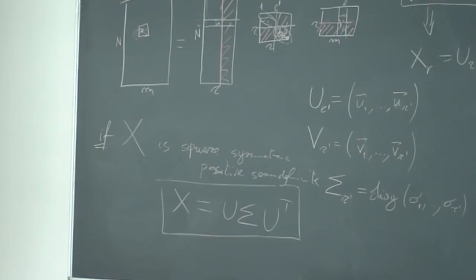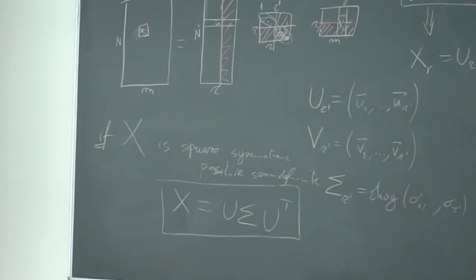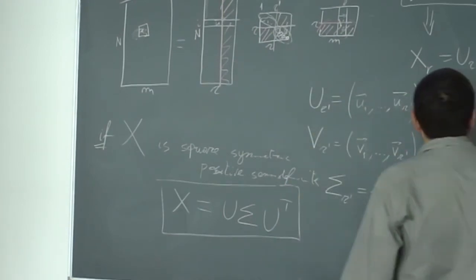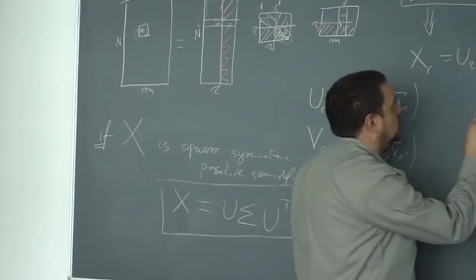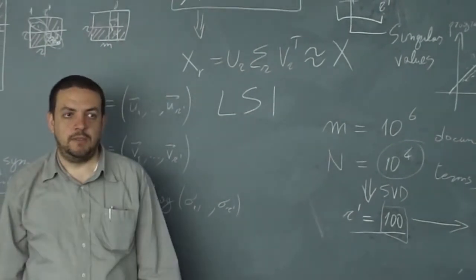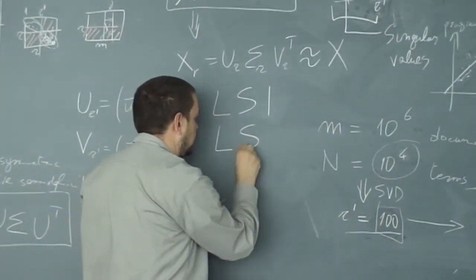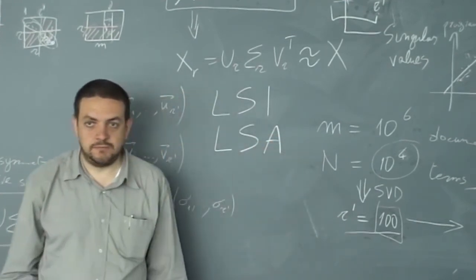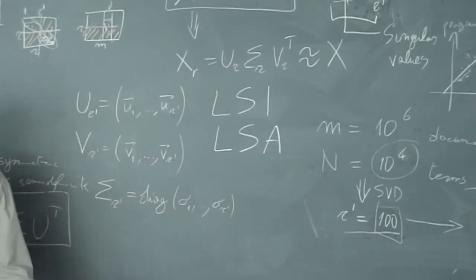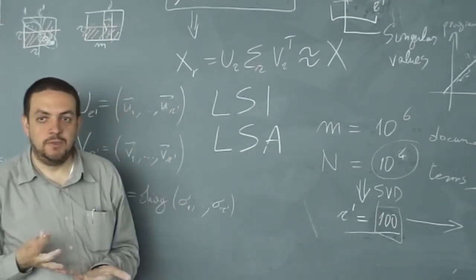This kind of transformation in the context of document-term analysis is often called latent semantic indexing or latent semantic analysis. I'm not considering a very important difference between the two.